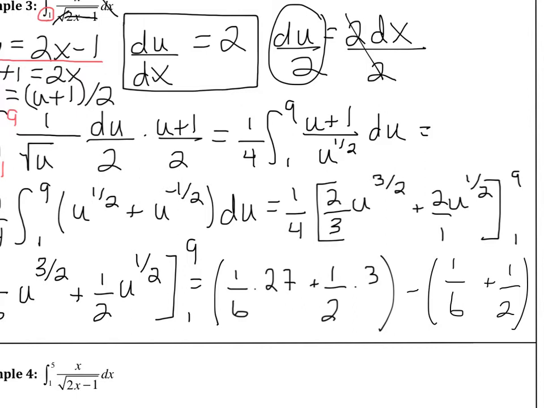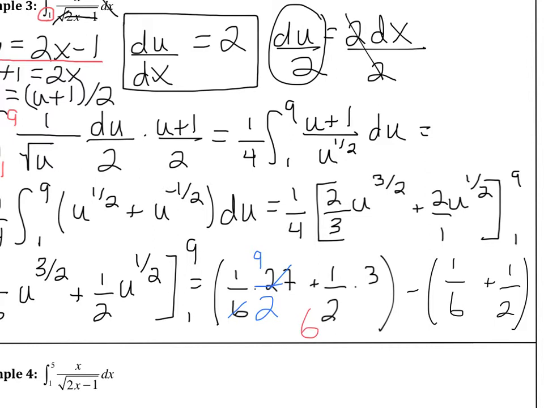So 27 over 6. Well, I can divide everything by 3, so that'll be 9 over 2 plus 3 over 2. Okay, so 9 over 2 plus 3 over 2 is 12 over 2, which is actually just 6.